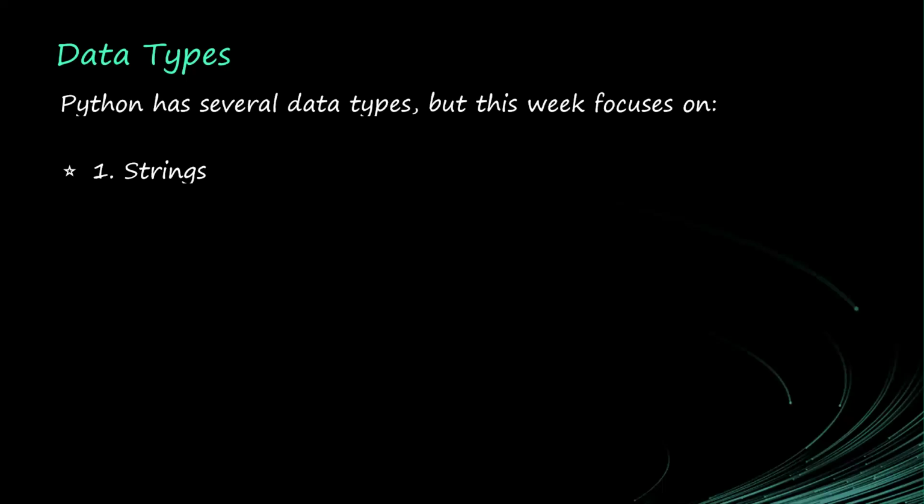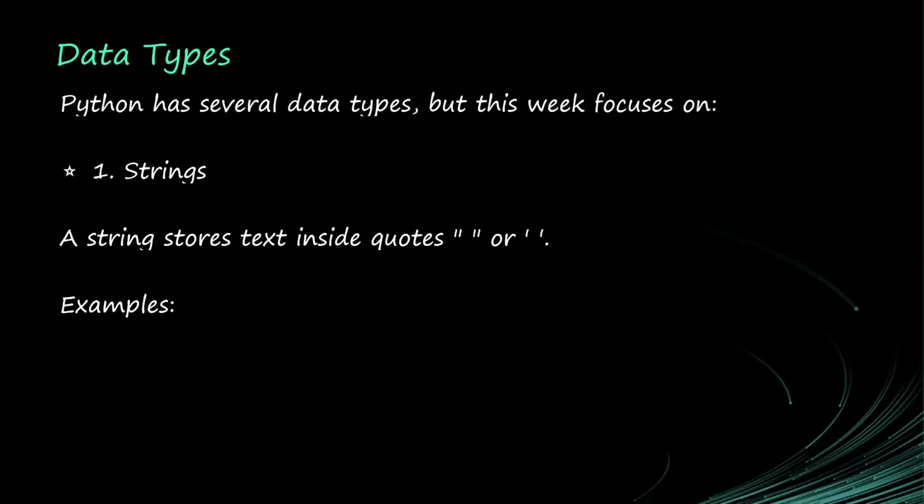All right. So we have strings. A string stores text. Anything that has to do with text is a string data type. And the value, we store it in double quotes or single quotes. So an example is this: when I say greeting, greeting is the variable. Equal to is telling Python this hello, which is a string data type because it is inside of double quotes and it's a text.